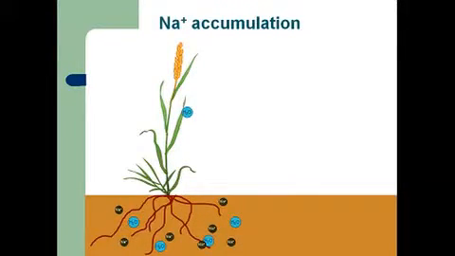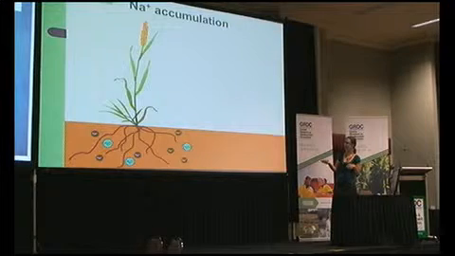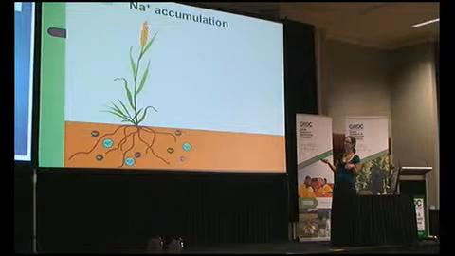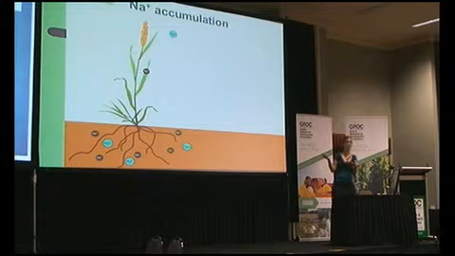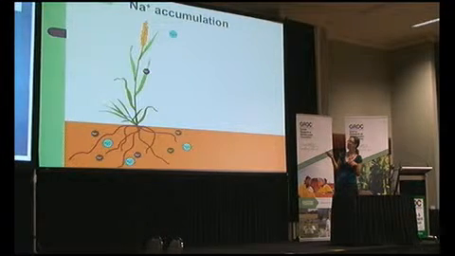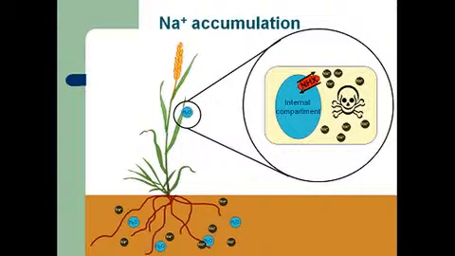What's actually happening in the plant, salt causes a reduction in crop yield and quality when it accumulates to toxic levels in the shoots of the plant. So sodium in the soil, as I said, the main culprit is this guy, this sodium ion. He accumulates in the soil and then enters the roots passively, gets carried up the root to the shoot where it's deposited, and then it accumulates in the cells to these toxic levels.